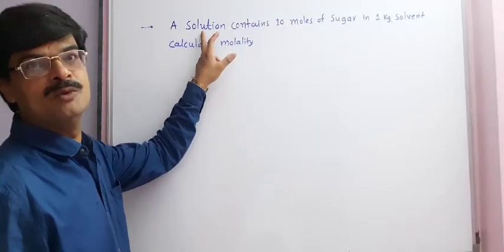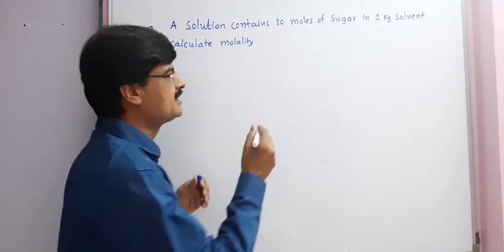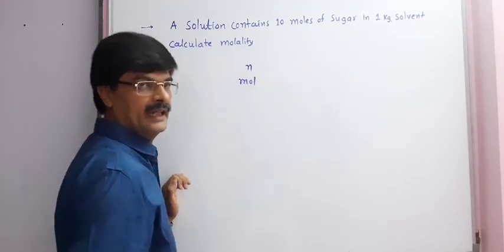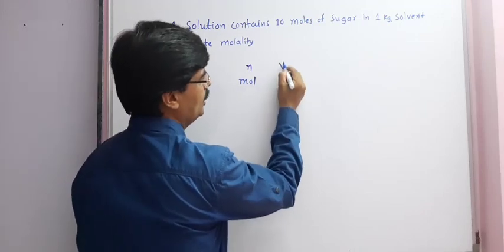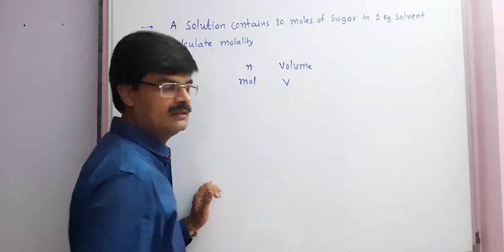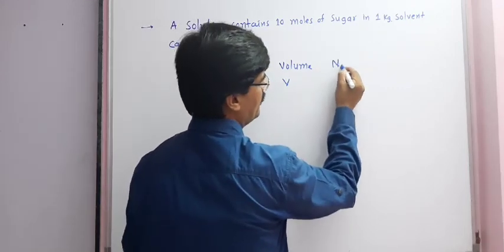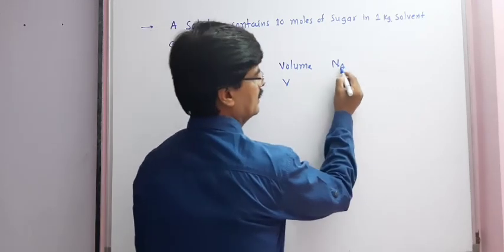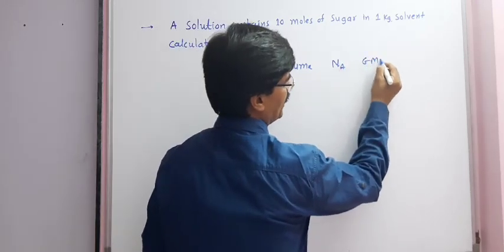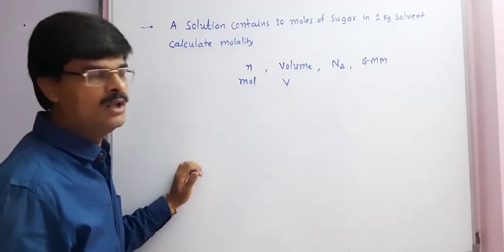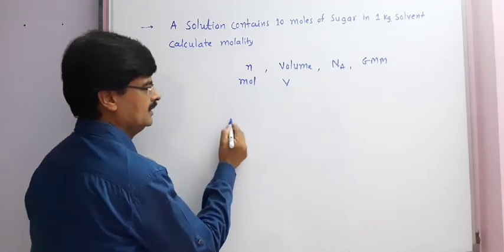Before we study this numerical, let us understand the relation between mole and volume V in liters, Avogadro number 6.022 into 10 raised to 23, and gram molar mass. We can establish the relation between all these four as follows.